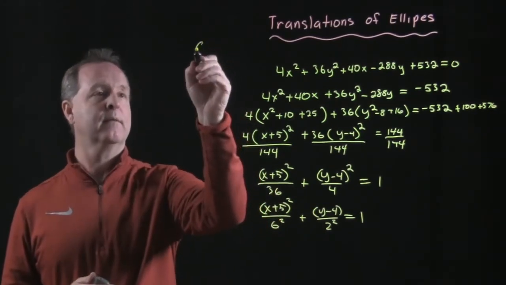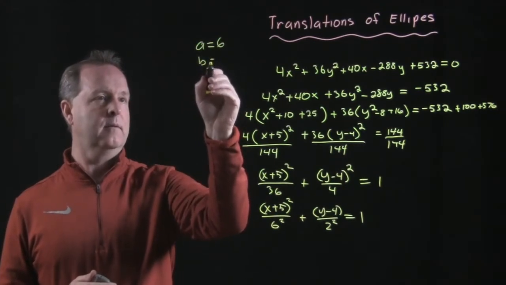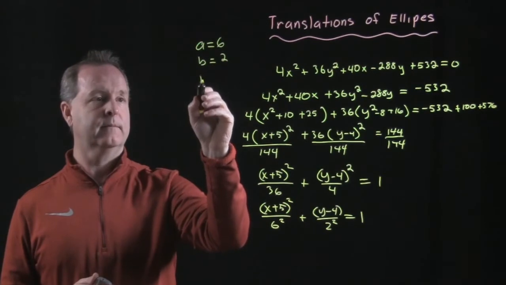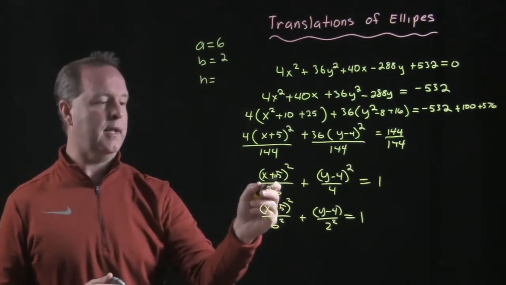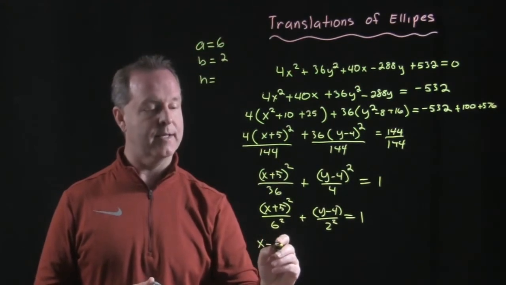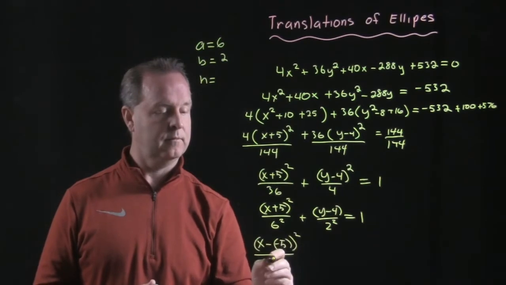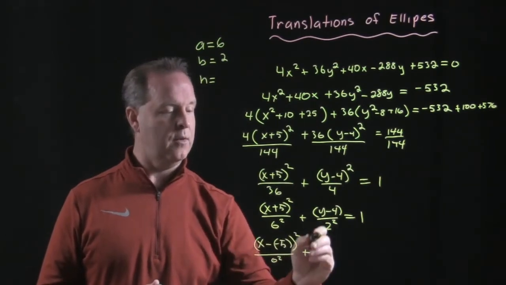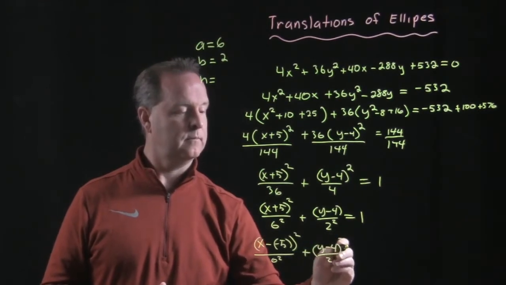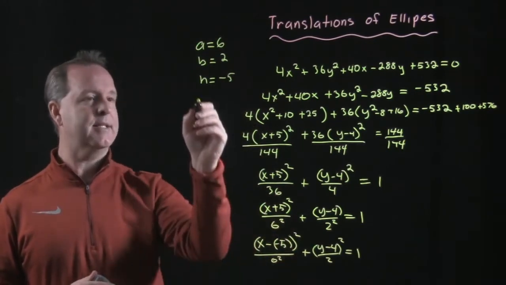So a equals 6, b equals 2. h equals, okay, it's x plus 5, so I need to rewrite that as x minus a minus 5. And the y minus k is already in that form. So h is negative 5, and k is negative 4.